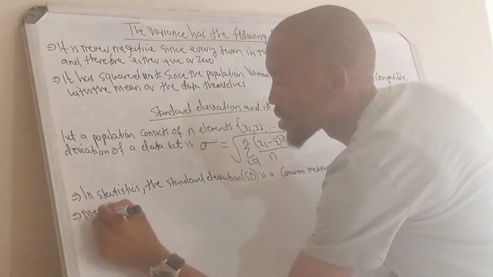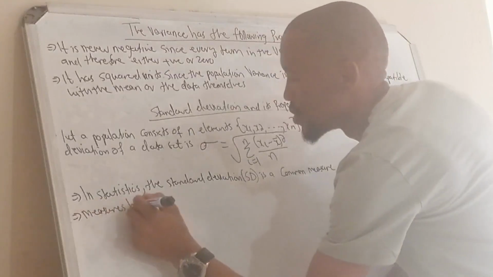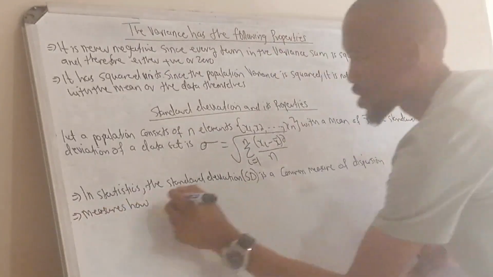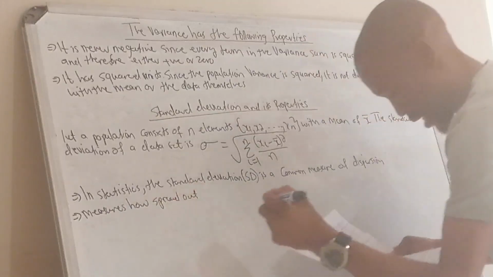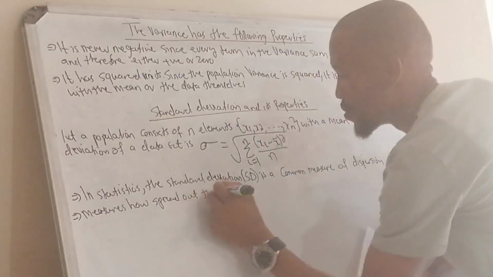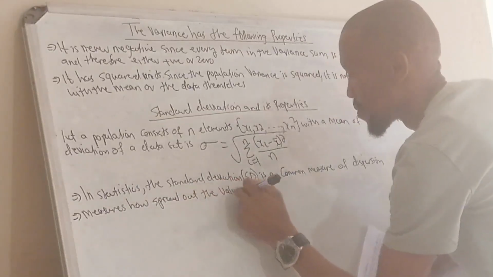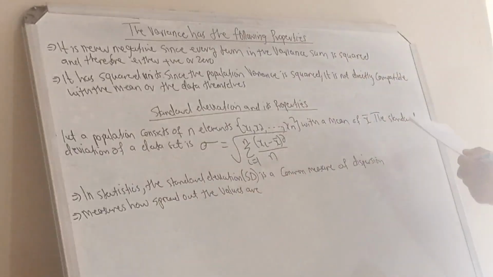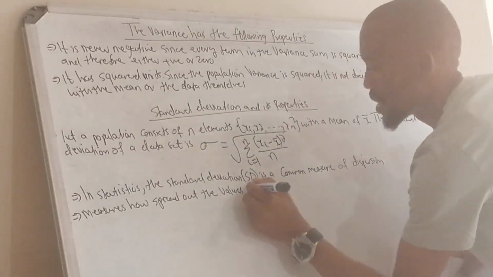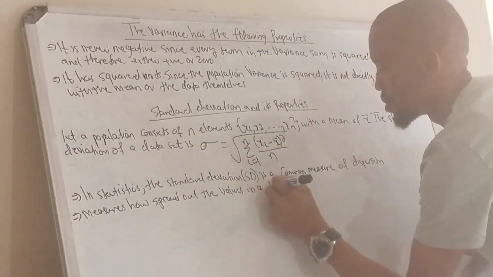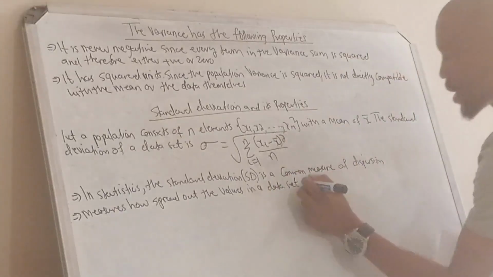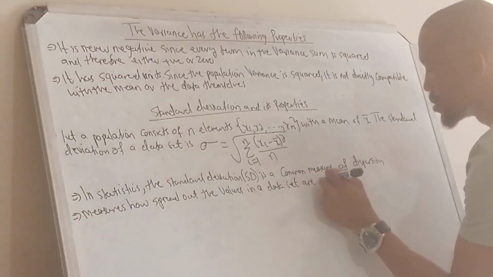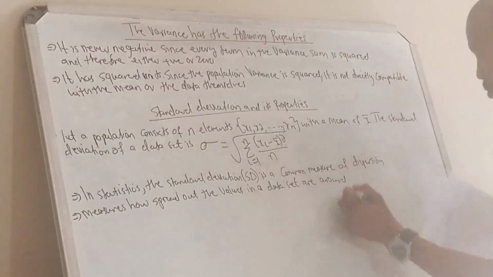So it measures how spread out the values in a data set are around the mean.